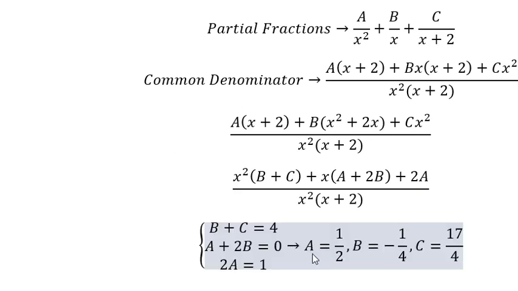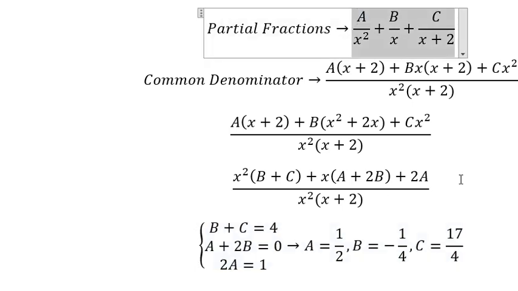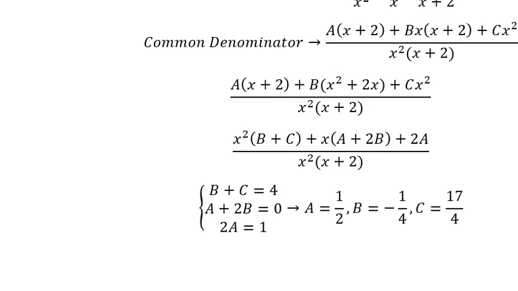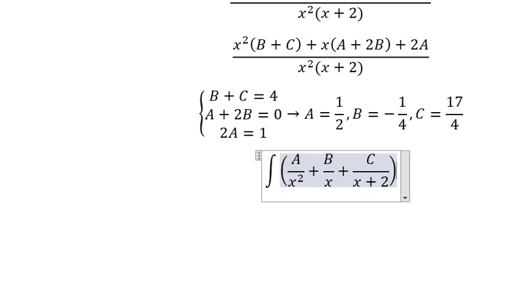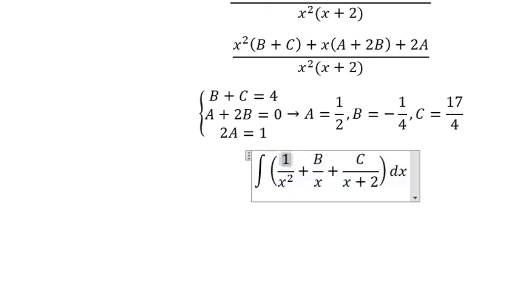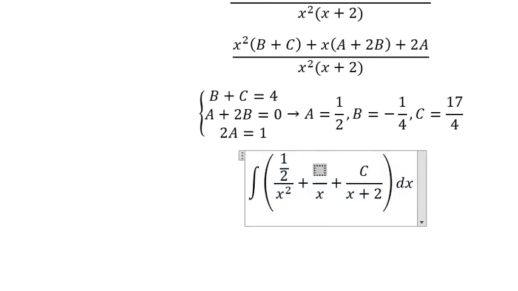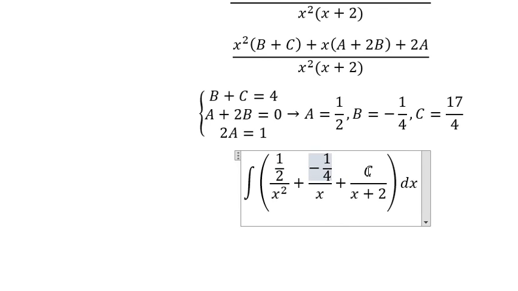And here is the solutions of A, B, C. So we put A, B, C back in here. So A equals 1 over 2, B equals negative 1 over 4, C equals 17 over 4.